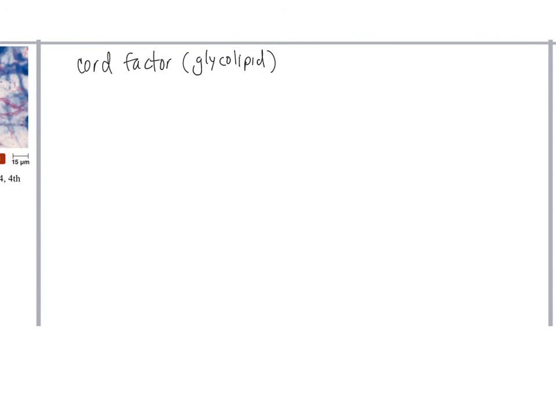We know that it's a component of this acid-fast cell wall for the Mycobacterium, and by the way, all of the Mycobacterium have acid-fast cell walls, but I think that it's only Mycobacterium tuberculosis that has the cord factor. We know that this is vital to the virulence of the organism. Mutants without cord factor aren't able to cause an infection.